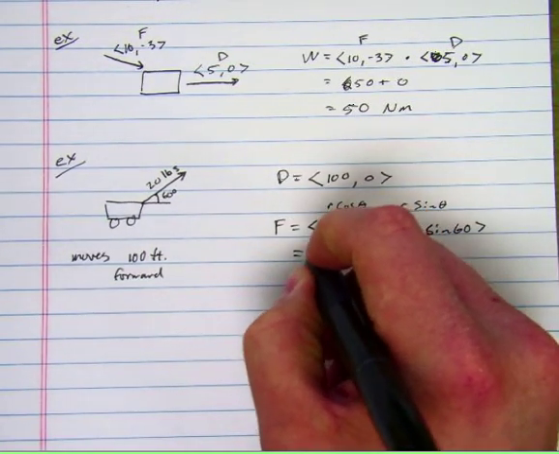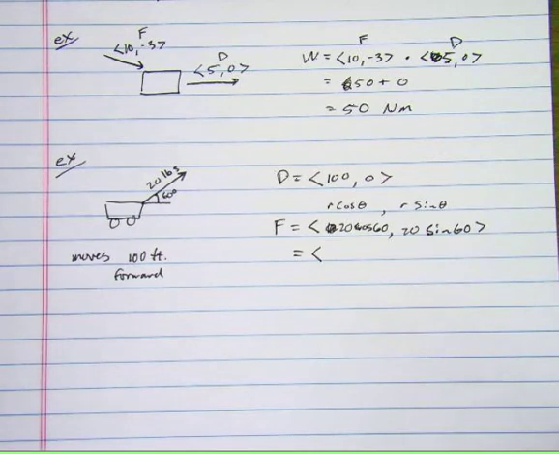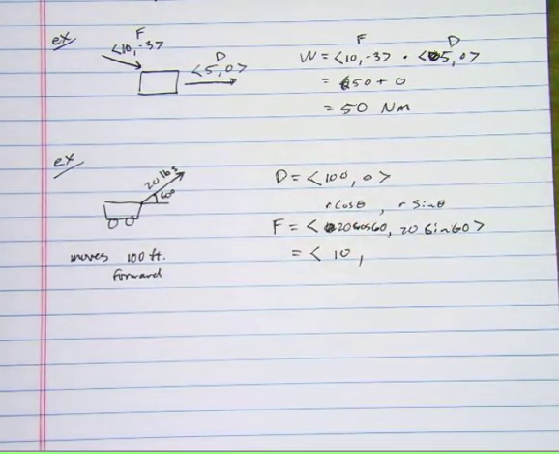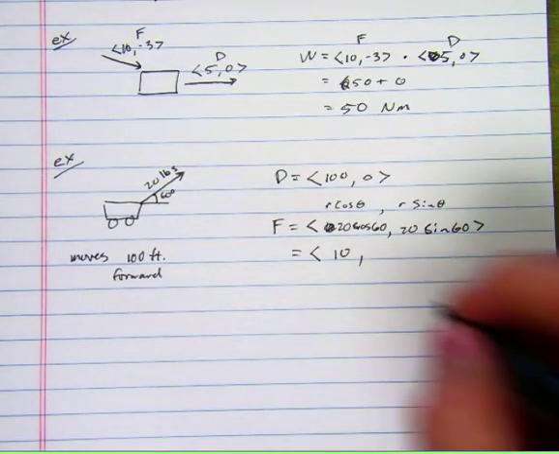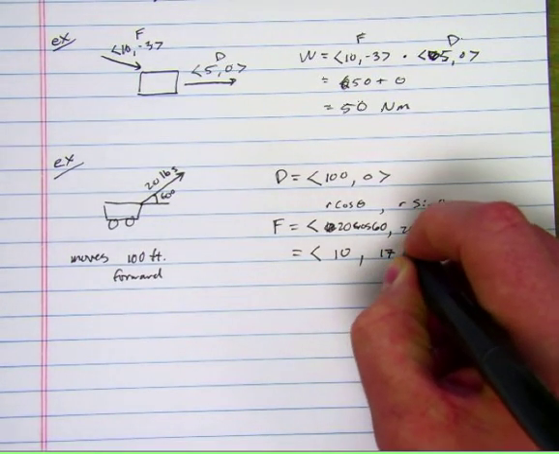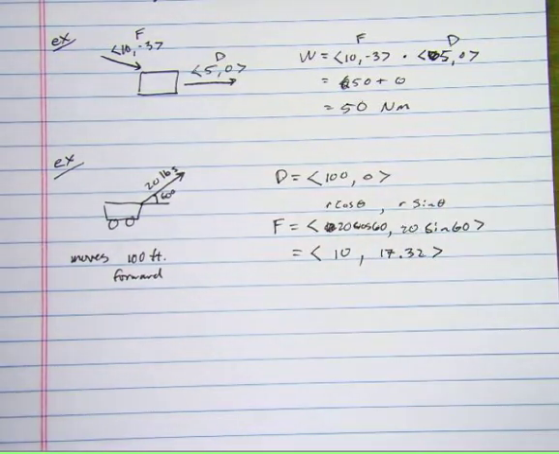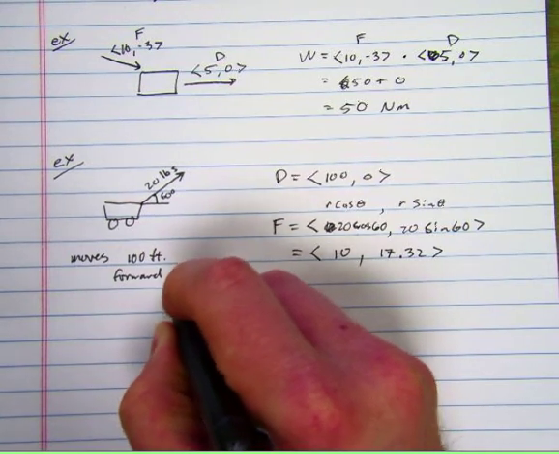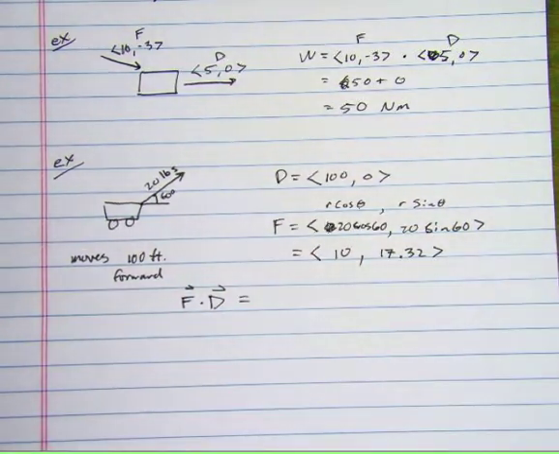So really, when I crunch this out, I have to use a calculator here. 20 times the cosine of 60, that would be 10. If I do the same thing with sine, that's going to be 17.32.